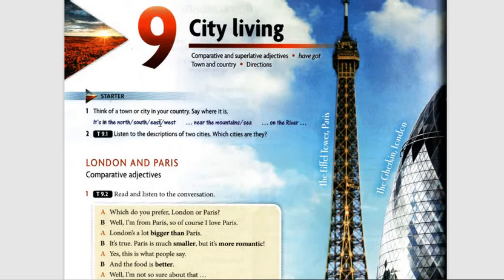So the comparative adjectives are used to show the difference, the priority of something or someone compared with another thing or person.